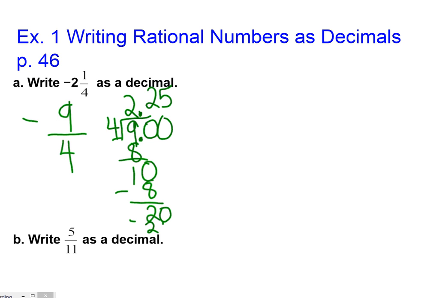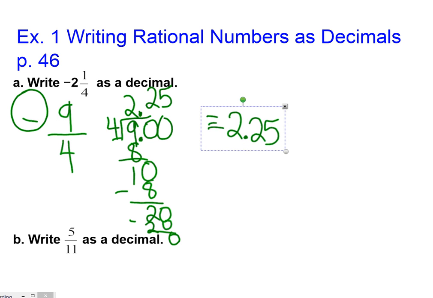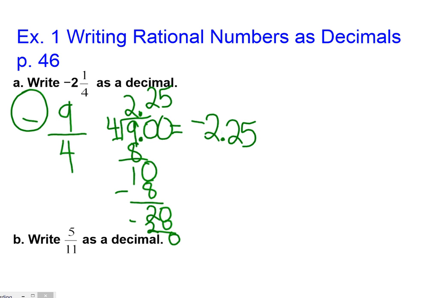And when you subtract 20, you get 0 left over. So this is a terminating decimal of 2.25. Don't forget it is negative. So our answer will be negative 2.25. Let me rewrite this. There we go. So negative 2.25 is a terminating decimal.